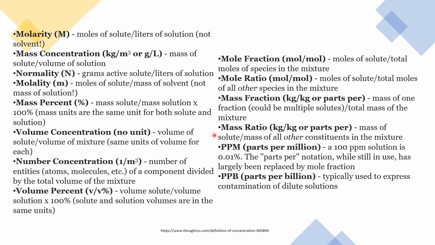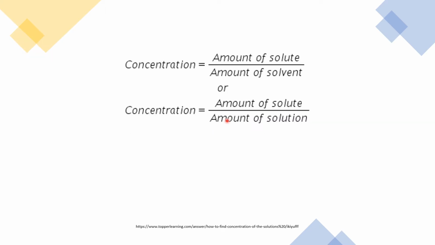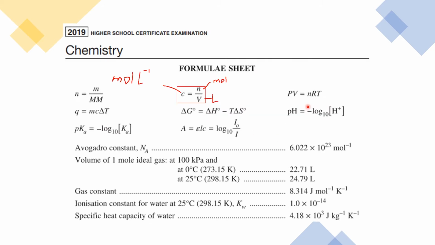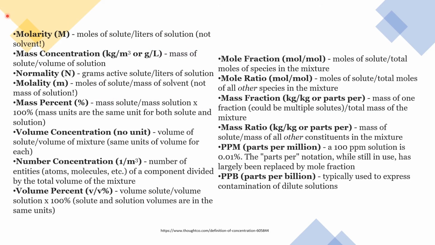Now, as we talked about last time, there are lots and lots of ways to measure concentration. Some of them are solute versus solvent, others are solute versus solution. In particular, we're going to be focusing on this concentration here called molarity, moles of solute per litre, which is C being the molarity or the concentration equal to N moles of solute over V, which is volume of the solution.